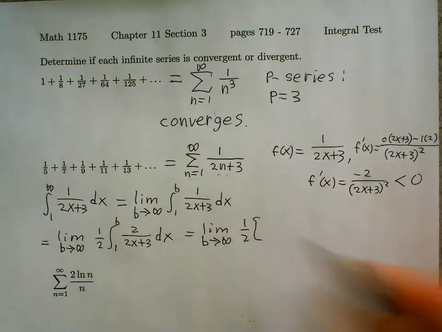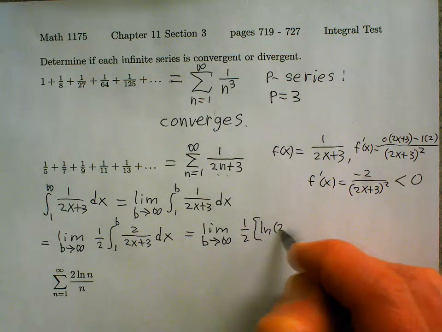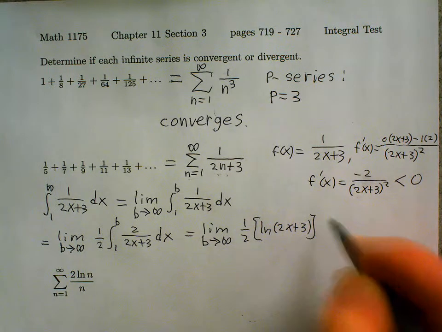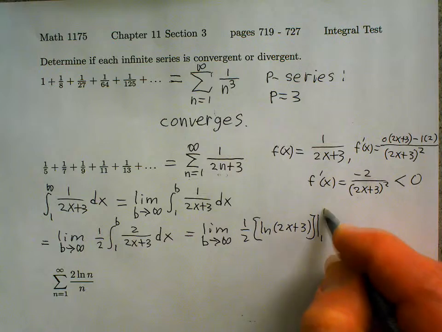We get the natural log of 2x plus 3 evaluated from 1 to b.